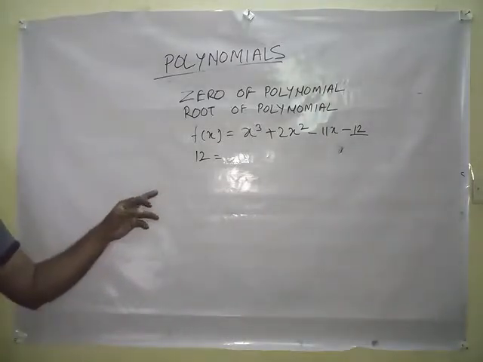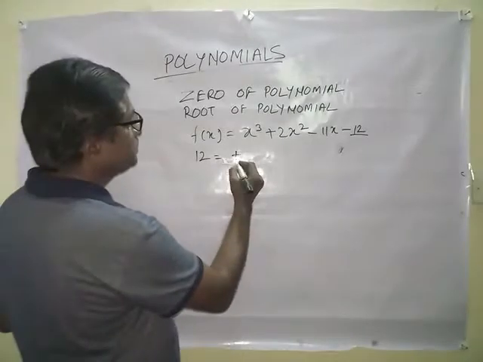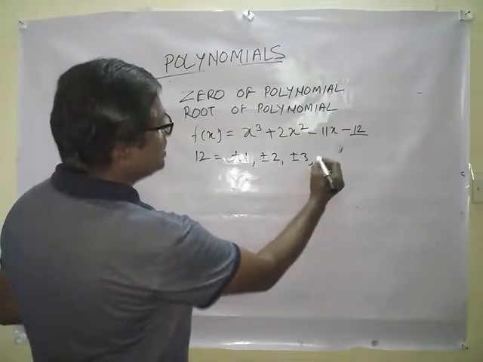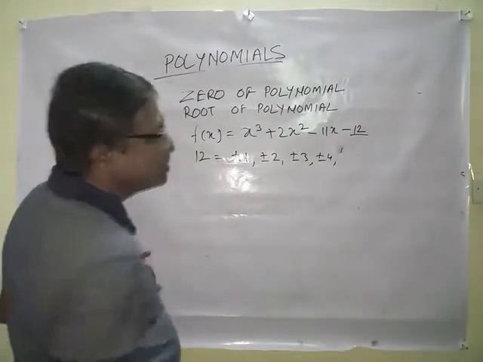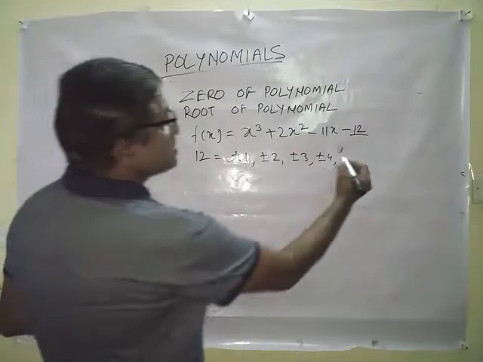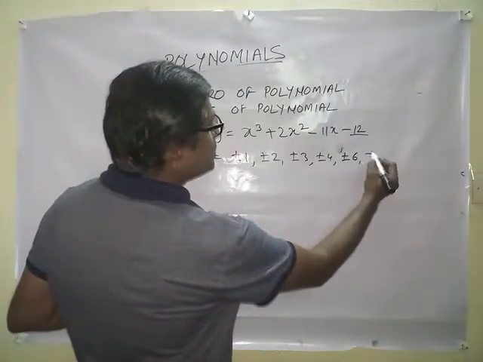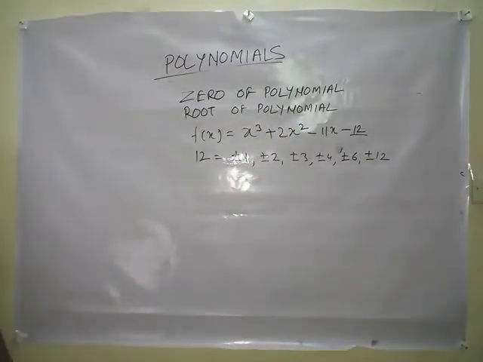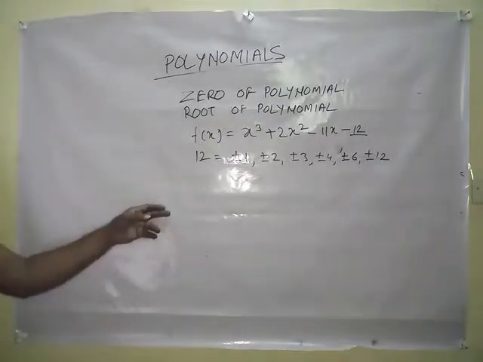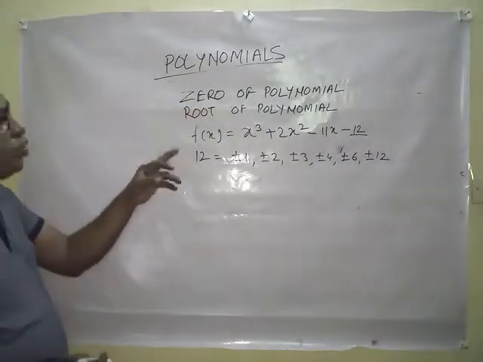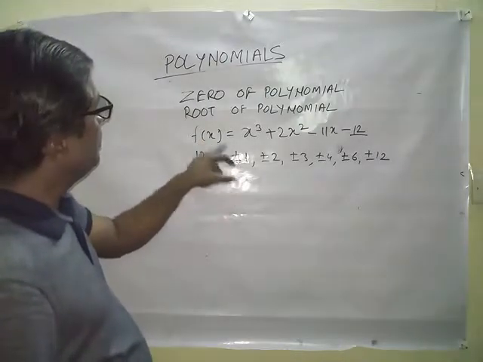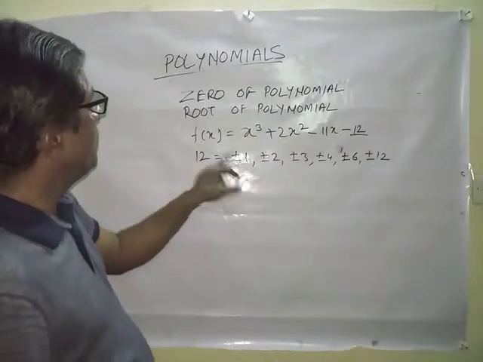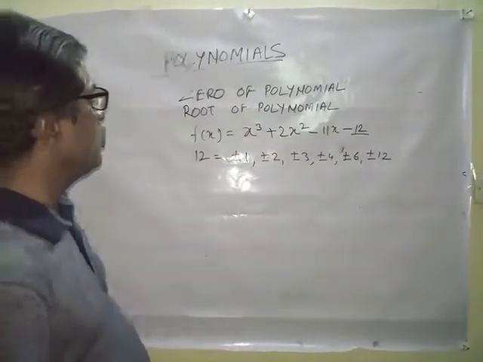So the factors of 12 will be plus minus 1, plus minus 2, plus minus 3, plus minus 4, plus minus 6 and plus minus 12. If you have to keep on trying, put the value x = 1, find the value, then minus 1, find the value; that way you have to go on.